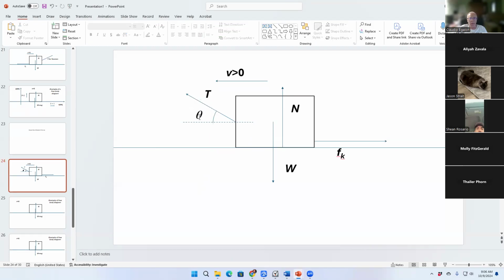Write that down in your paper or your pad. And now because the object is moving, we have a tension, which is the same that we had before. We still have the weight, we still have the normal, but now we have a force of friction here. But like I said, it's the kinetic force of friction.